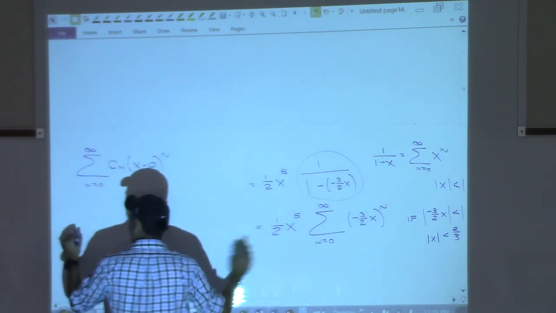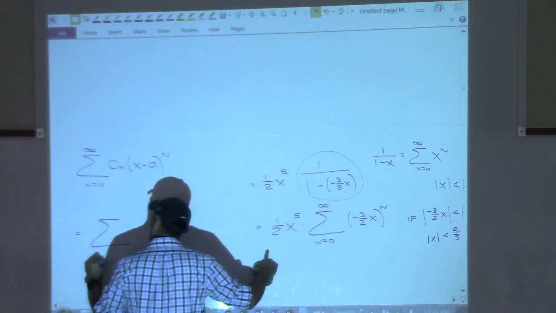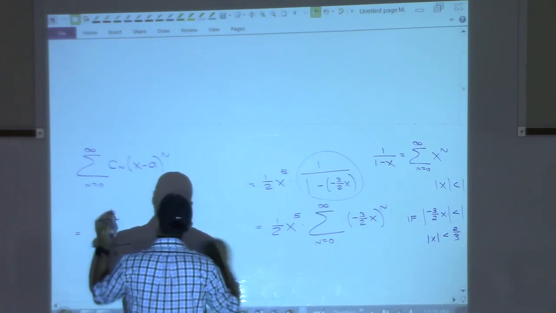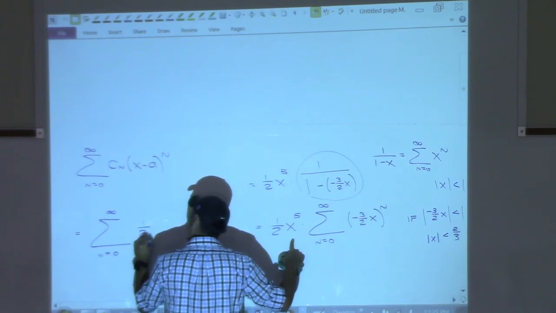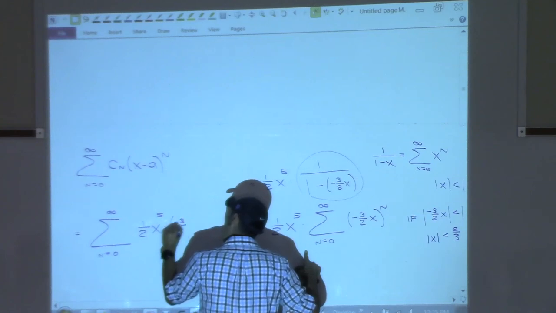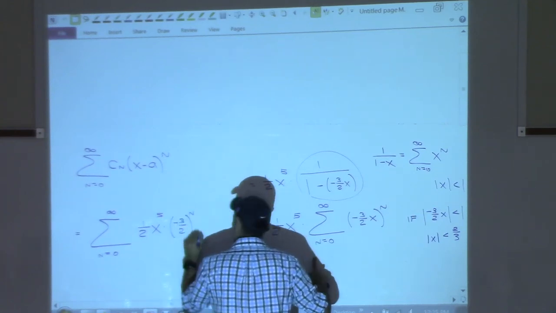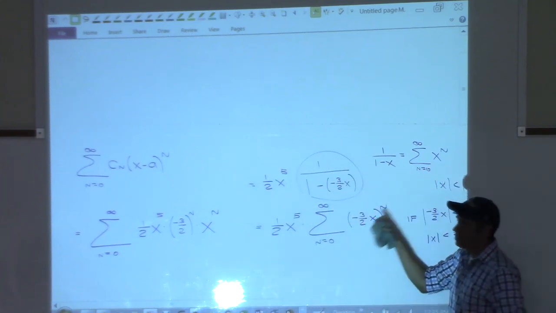So this is going to become sum n equals 0 to infinity. Put that inside. I'm going to get 1/2 x to the 5th times negative 3/2 to the n times x to the n. So I just applied the n to both of those.